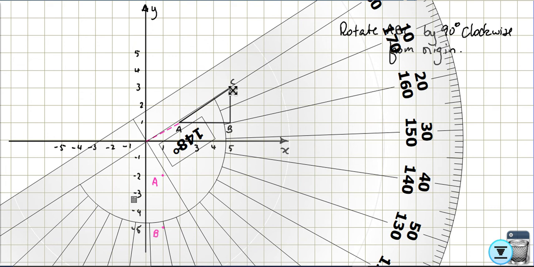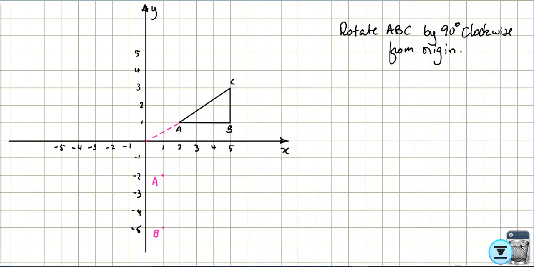Okay, so this is C. If I rotate C by 90 degrees, C comes here. This is the coordinate 3, minus 5. So that is the coordinate 3, minus 5. This is C. So rotating ABC by 90 degrees will get these new coordinates.